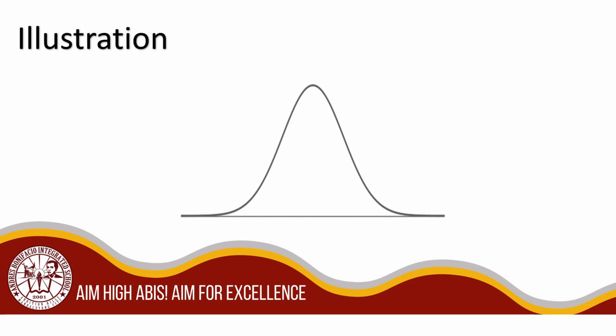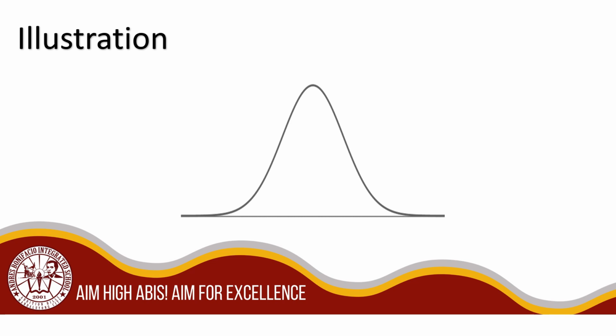So pag sinabi natin symmetrical, so pag pinold natin yung graph or yung curve dun sa mean na nasa gitna, so yung left side at saka yung right side are identical. And of course, the curve is asymptotic to the horizontal axis.